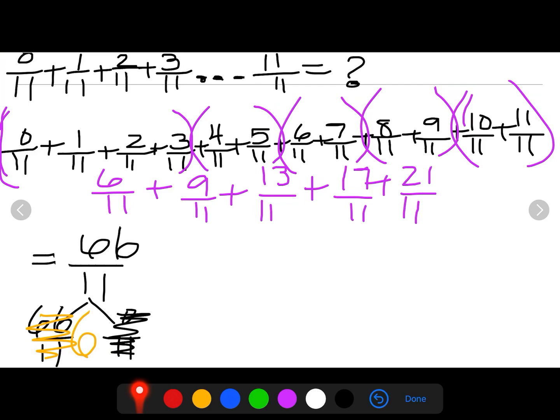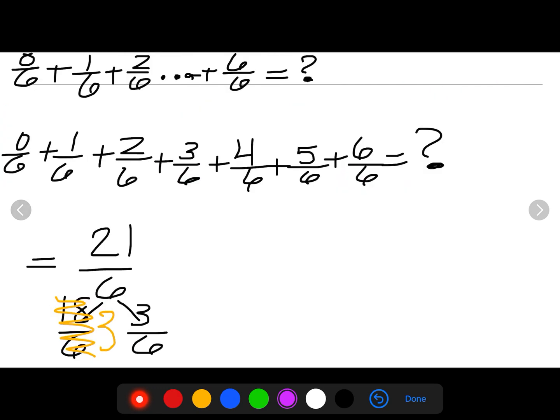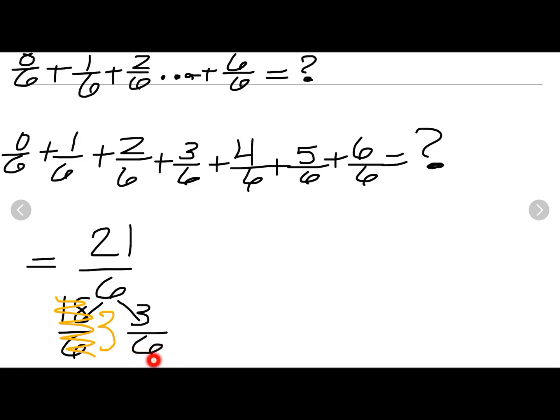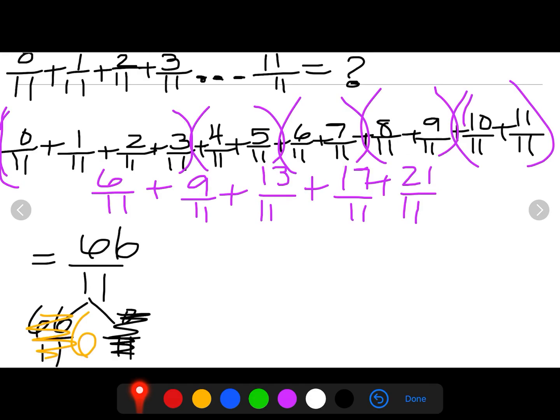That's interesting. Do you see a pattern between the first problem we did and the second problem? What pattern did you notice when adding the sums of fractions with even denominators? Our first problem was a problem with even denominators. Look at what you got as your answer. Our second problem was a problem with an odd denominator, 11. Look at what you got as a final answer.